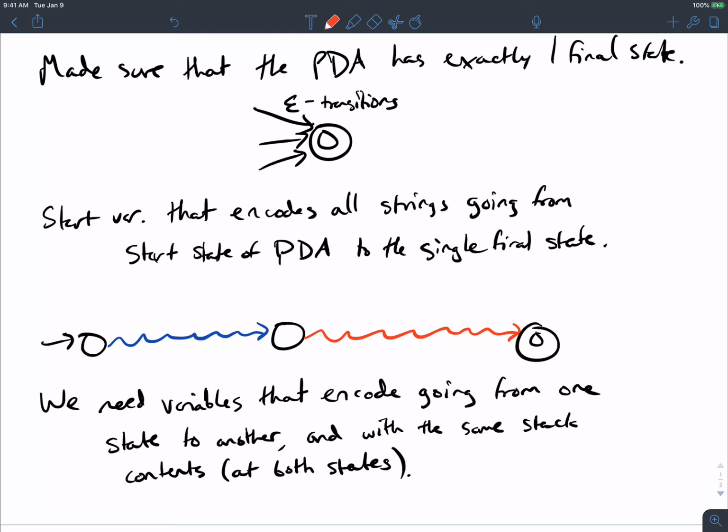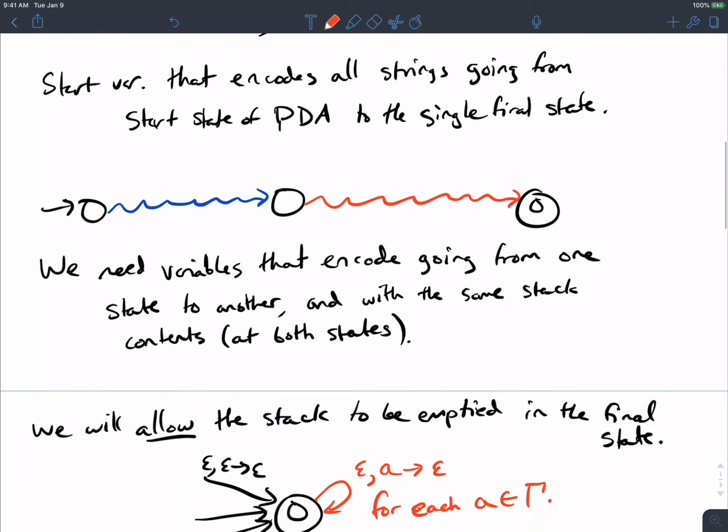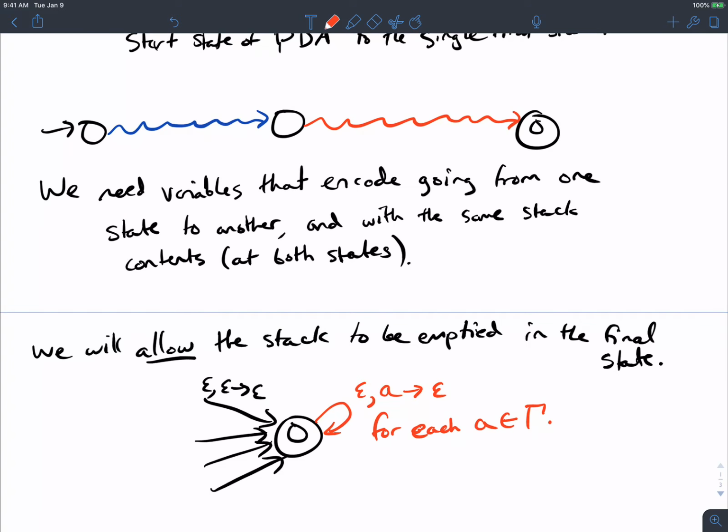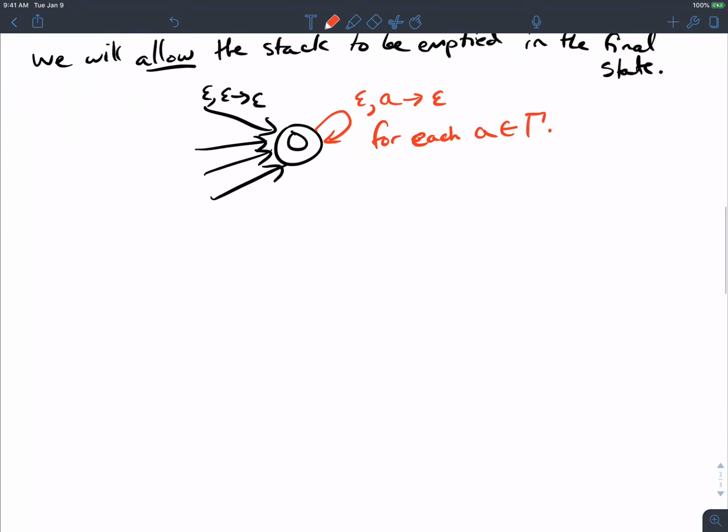Then we may do a different transition. So we really want the stack to have the same contents, but it's actually a little difficult if we allow you to simultaneously pop and push on a single transition. So what we're going to do is we're going to simplify the PDA even more. And we'll see why we're doing that.